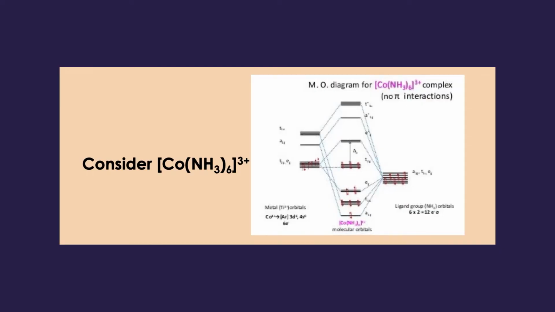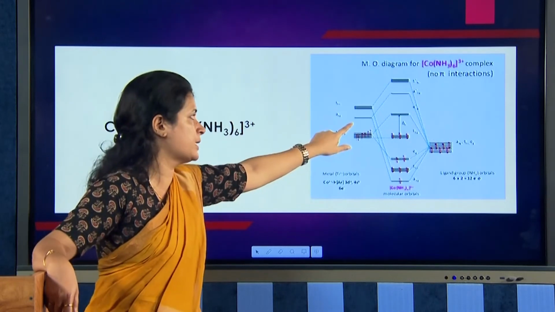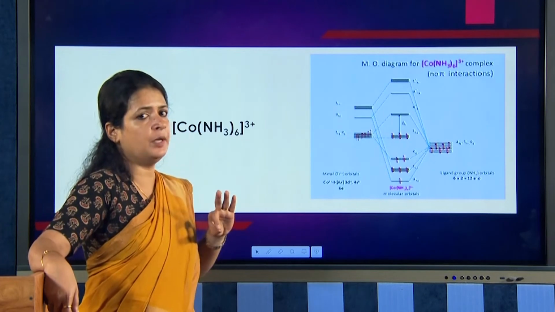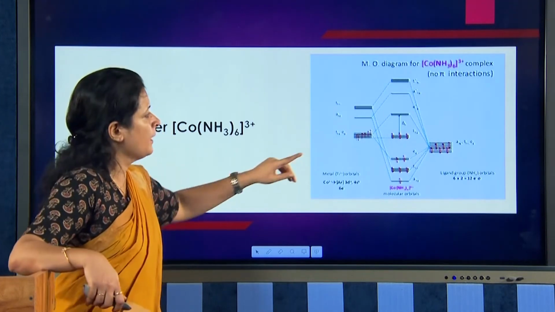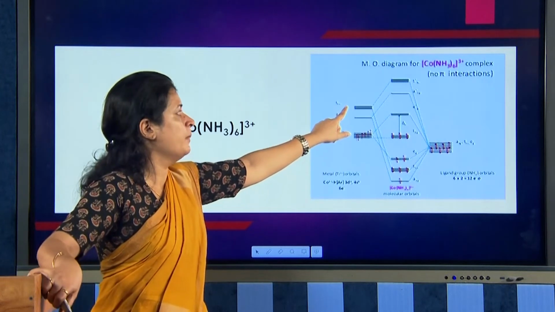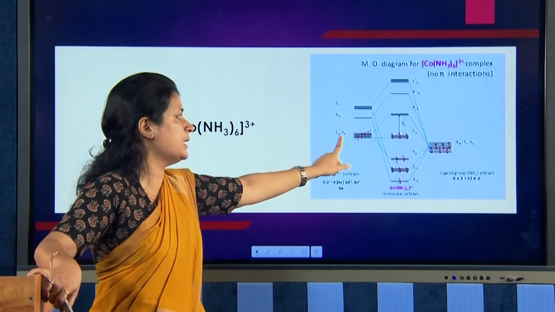On the left hand side you have the metal orbitals: 3d, 4s and 4p. 3d means the five 3d orbitals. 4s means we have only one orbital, here. 4p means we have 3 p orbitals, px, py and pz. The designation is like this: s has A1g, p has the symmetry T1u, and the d orbitals Eg and T2g.